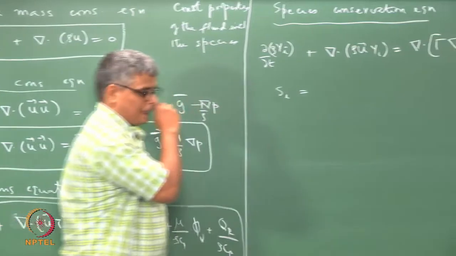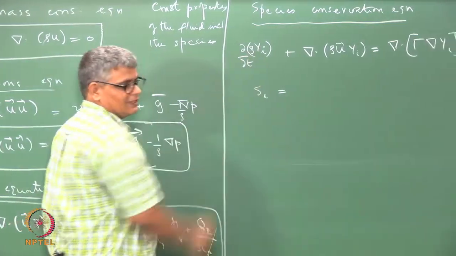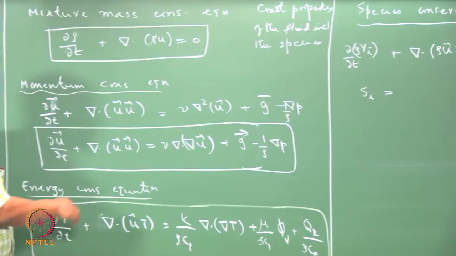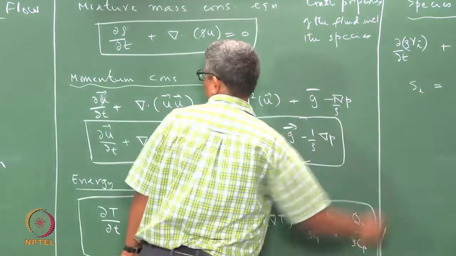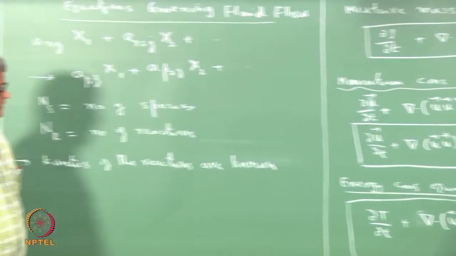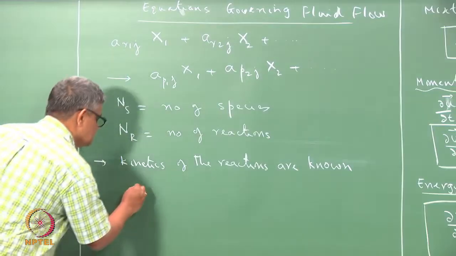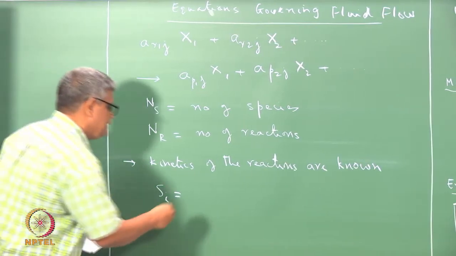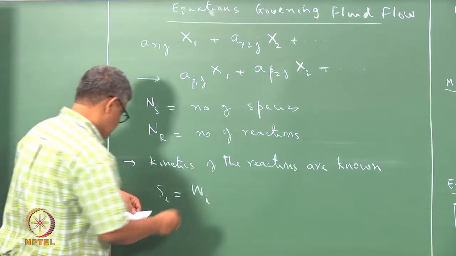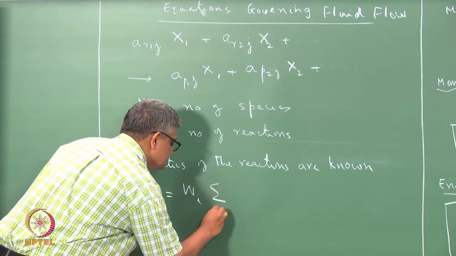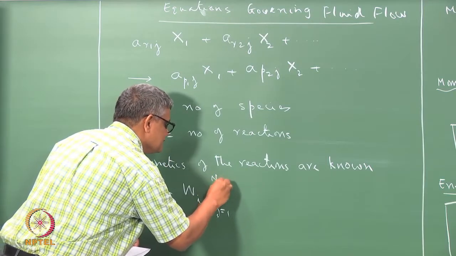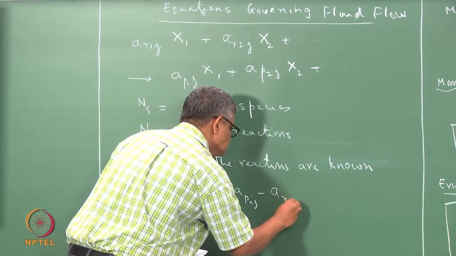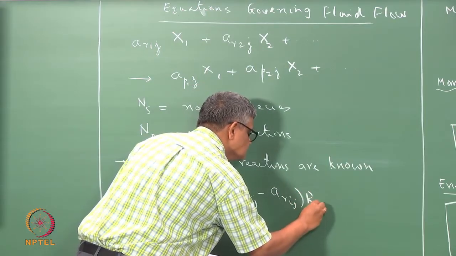We need to have an expression for the rate of formation of this species here, and similarly we need to have an expression for the rate of heat release because of the chemical reaction, and both of these depend on the reaction mechanism here, and we can write down the values of the source term which is going to appear in that in terms of the molecular weight and the individual rates of the reaction, which is given as okay.